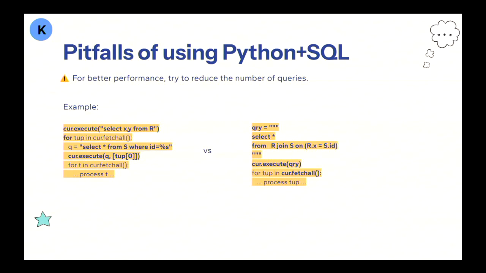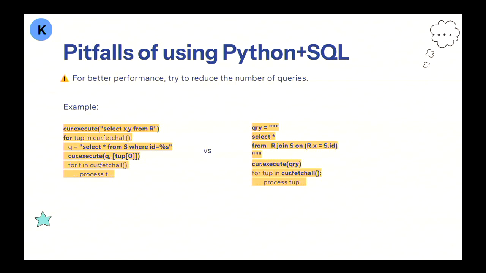The answer is actually quite clear. The implementation on the right is better because we are doing much fewer queries. In the code on the left-hand side, we are putting a query inside a for loop.